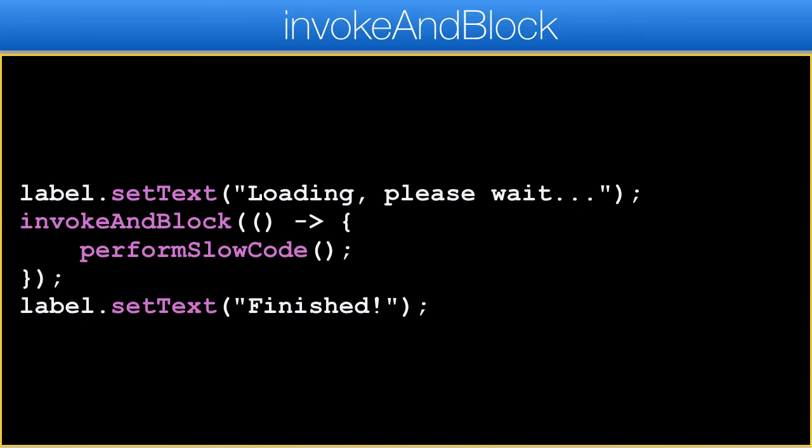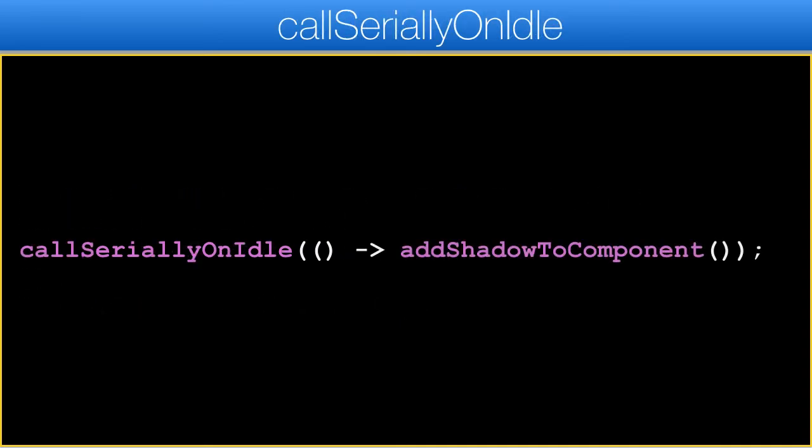So if you are concerned about performance, invoke and block might not be the best option. These concerns should also apply to the add to queue and wait method from the network manager, which would also incur a similar cost.